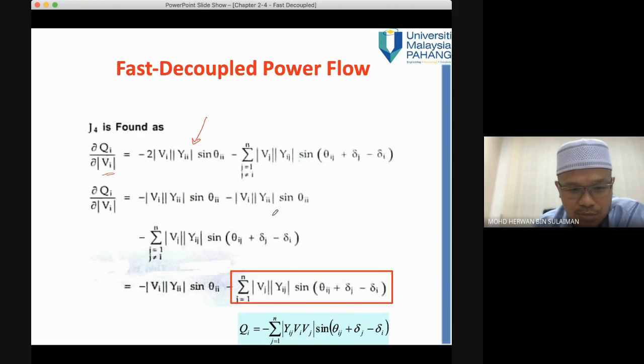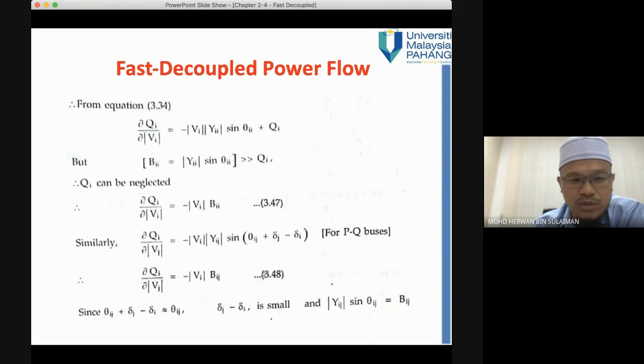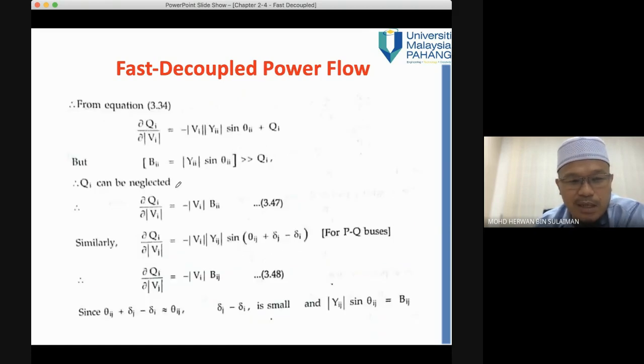These equations are actually the same as before. So it is Qi, so you just put into the equation. Again from the equation you just substitute this value into Q. So it is Qi. And once again they assume Bii is much greater than Qi, so you can eliminate it. Okay, eliminate your Q. So what remains now is dQ over dVi equals negative Vi Bii.